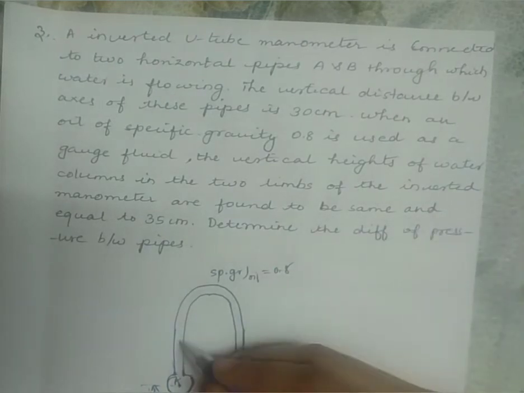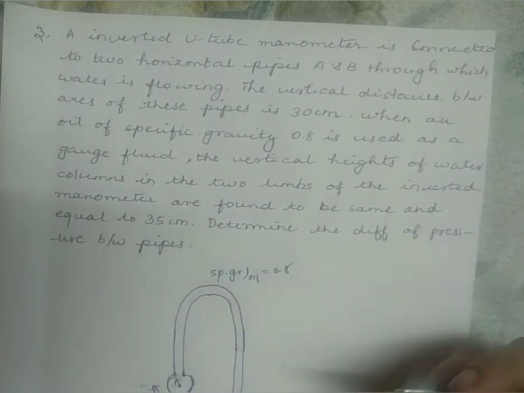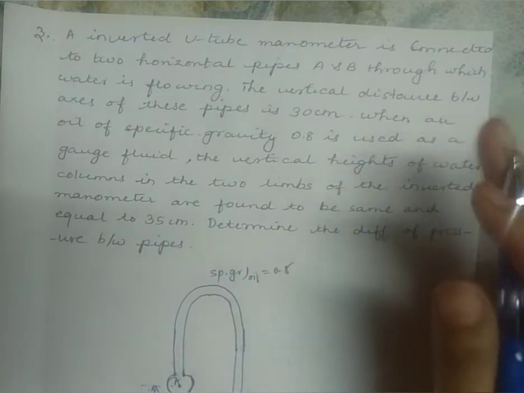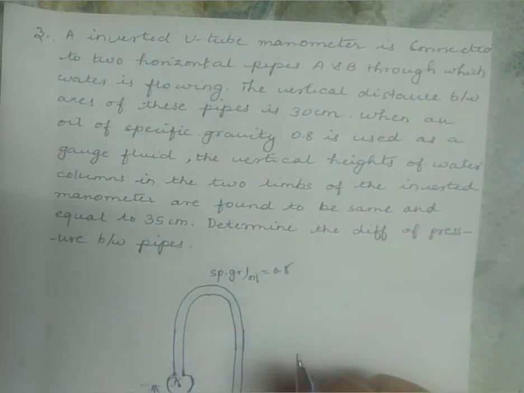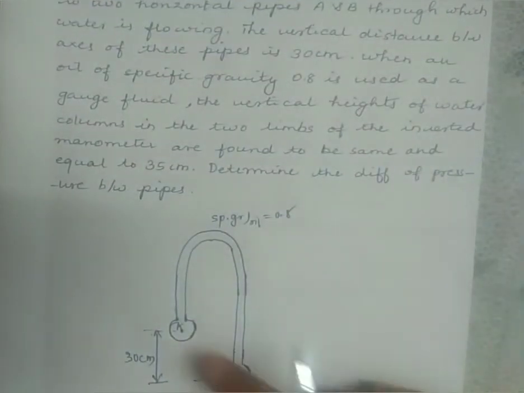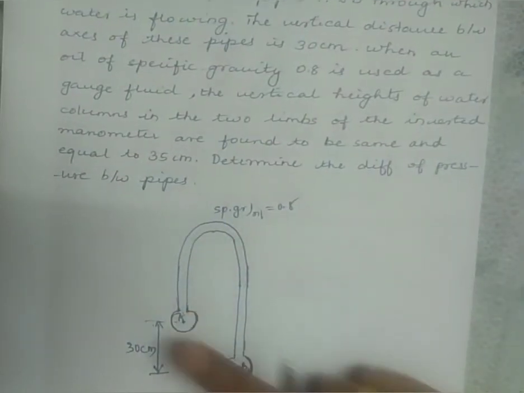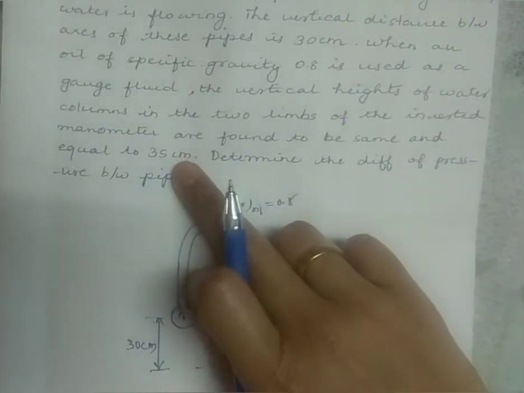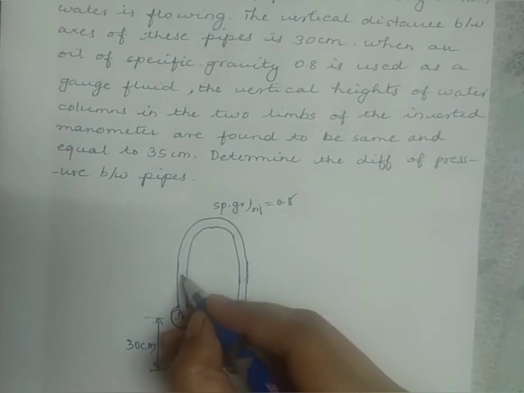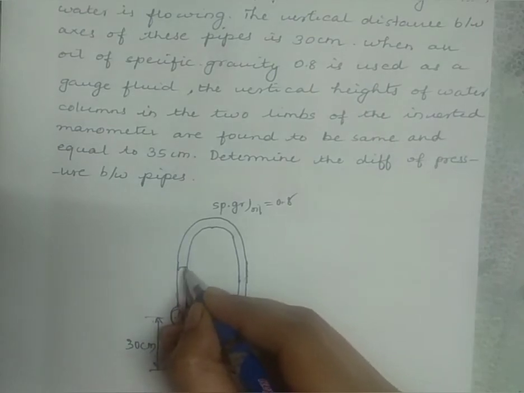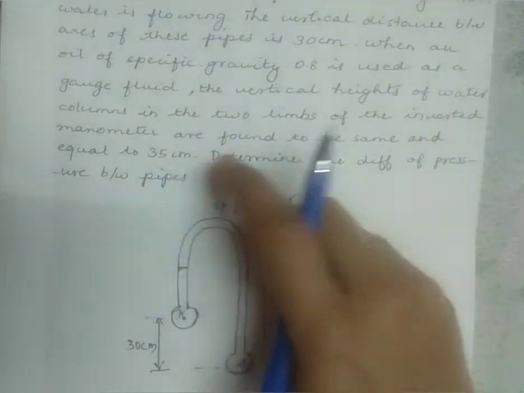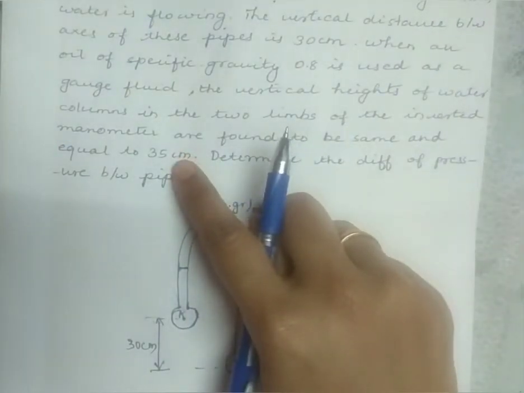In both the pipes they are having water, and the height of both the water columns is 35 centimeters. This is given like this, isn't it? So when I draw, suppose it is like this. What is the height here? It is 35 centimeters. Here it is also 35 centimeters.